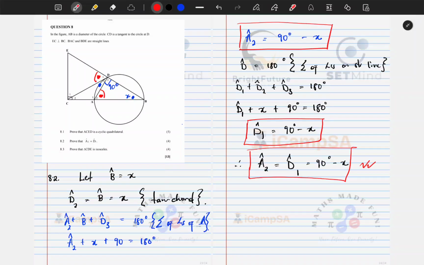So now in order for us to do 8.3, what is needed here is we need to prove that CDE is an isosceles triangle. CDE, this is what they are talking about. There are two ways to prove that something is an isosceles triangle.